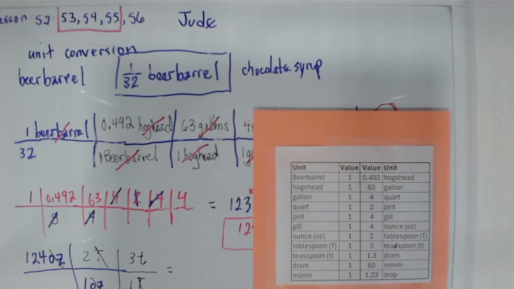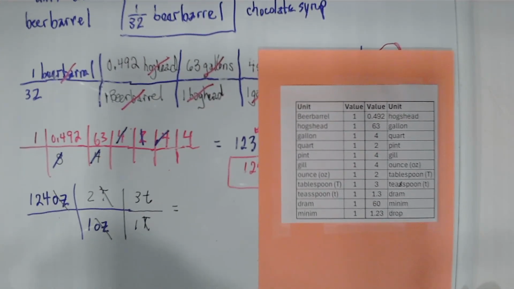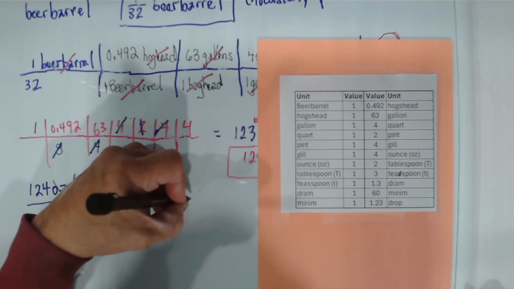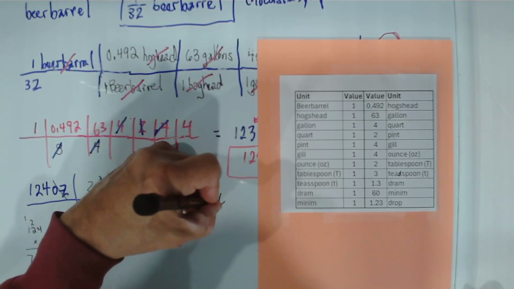Well, we get 124 times 6, and we could probably do that. 6 times 4 is 24, 2 times 6 is 12, 13, 14, 744 teaspoons.